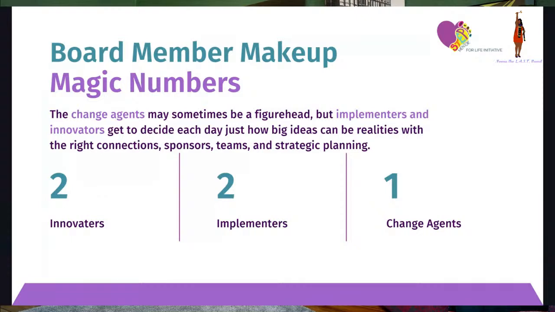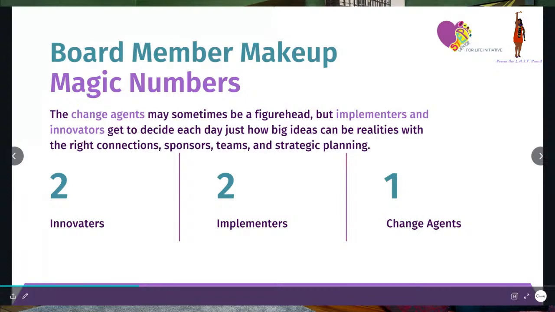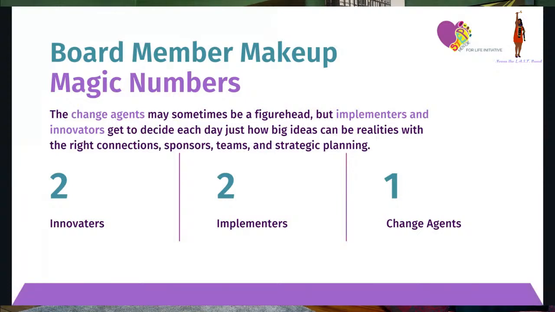So remember, you need innovators, you need implementers, and change agents. But that number for change agents for me is always one. If you have too many change agents, which is too many Indian chiefs, you will quickly find that y'all cannot find a direction because nobody knows the vision for the company. Okay? So keep that in mind as you're growing.